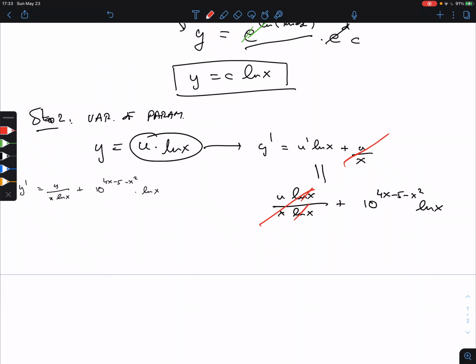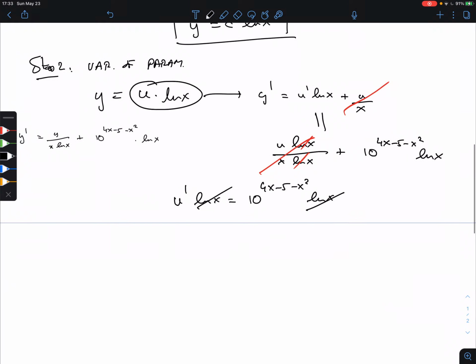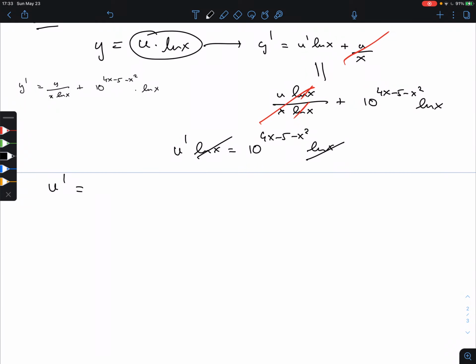Okay, so what we're left with is u prime ln x equals this thing. We see that the ln x is then cancelled. Let me write it up here. So u prime ln x is 10 to the 4x minus 5 minus x squared, times ln x. So the ln x is cancelled. And so we're left with u prime equals 10 to the power 4x minus 5 minus x squared.